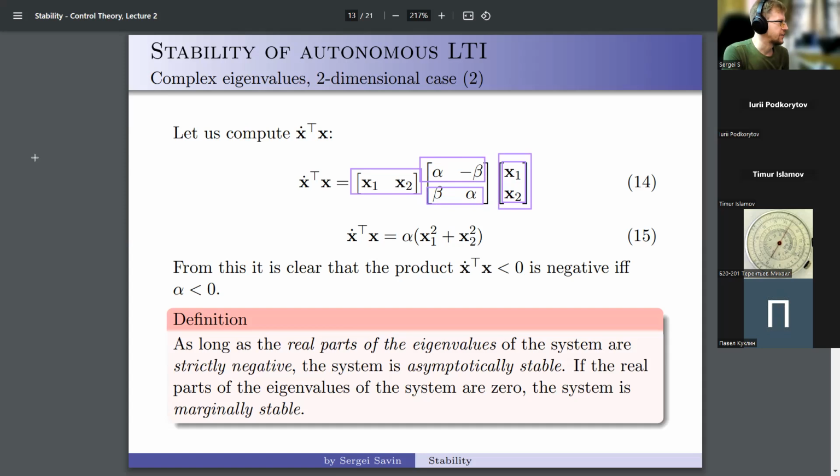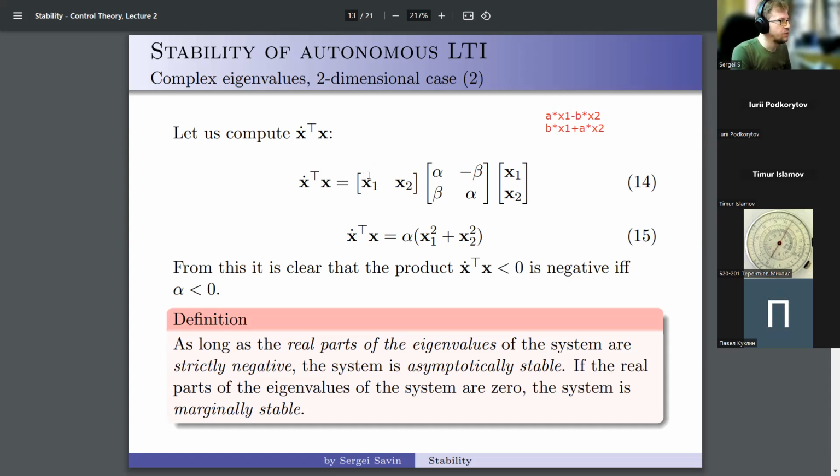Let me write it out for you, maybe it's nicer to see. So we have alpha x1 minus beta x2. That is the first component. Second component is beta x1 plus alpha x2.